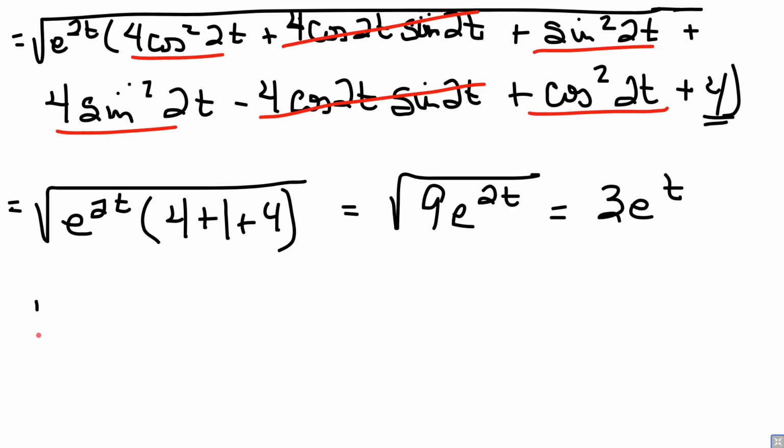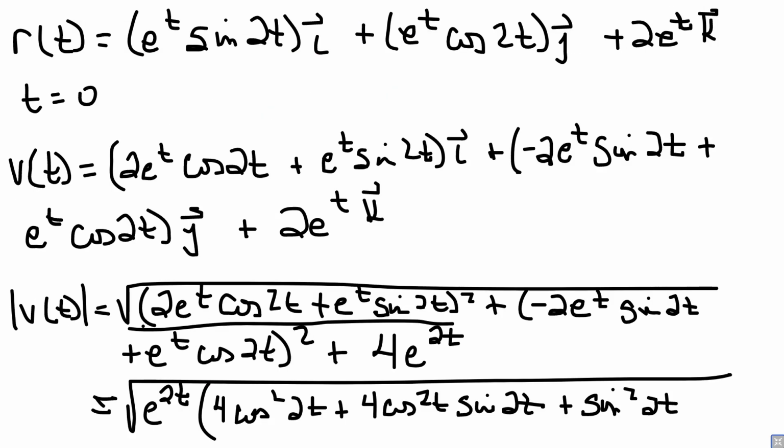So for the unit tangent, it's going to be 1 over 3e to the t times the velocity, and the velocity is defined as follows.